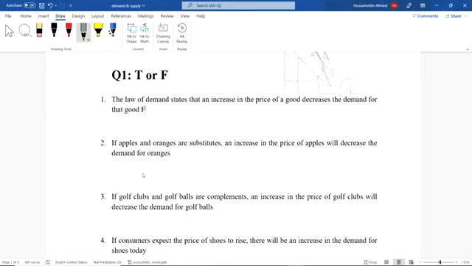Suppose that you are in such a situation, you have to choose between apples or oranges. If prices of apples increase, then you will choose orange. So, if prices of apples increase, the demand for orange will increase, not decrease. So, number 2 is also wrong.